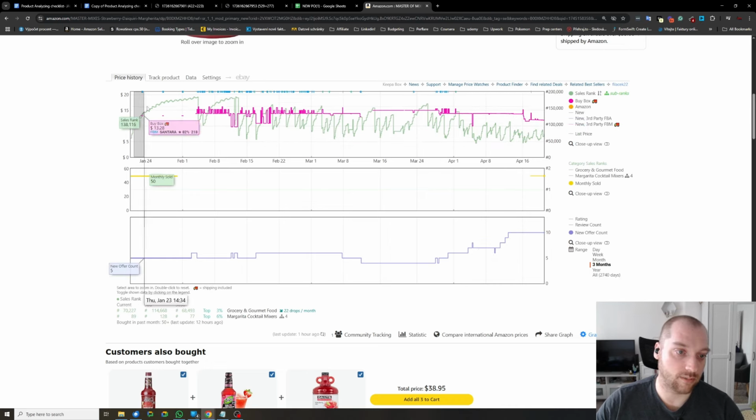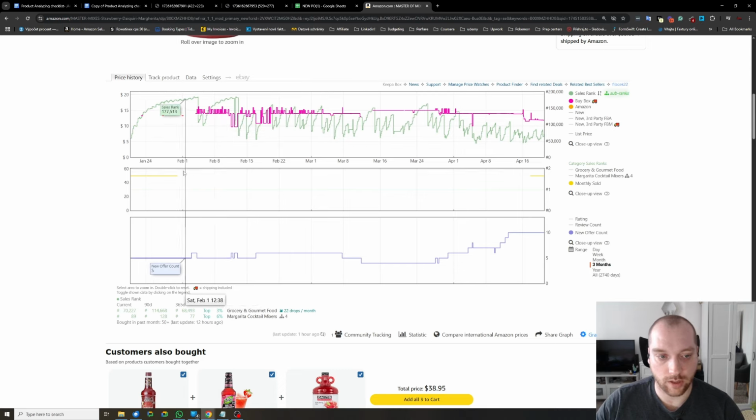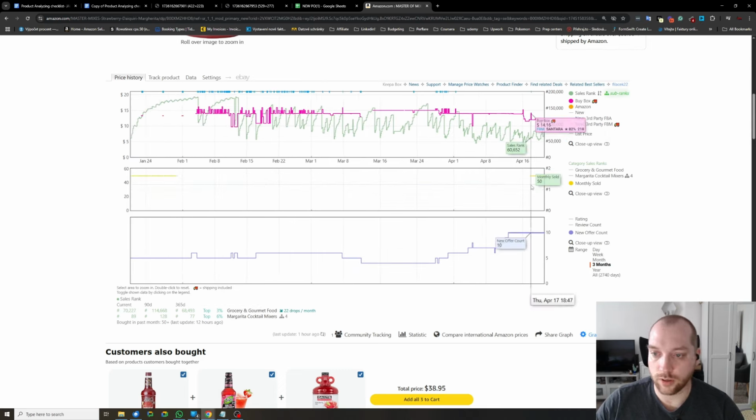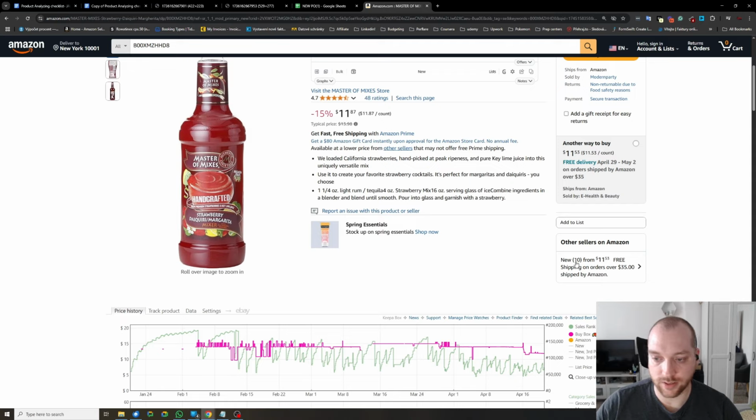I see this period, it was terrible, literally no sales. And over the last months, in the middle chart, there weren't even sales shown. There is a little bit of yellow that says 50 monthly sold, but it's very unstable. You might get stuck with the product, especially when there's 10 sellers. So to me, this is no go.